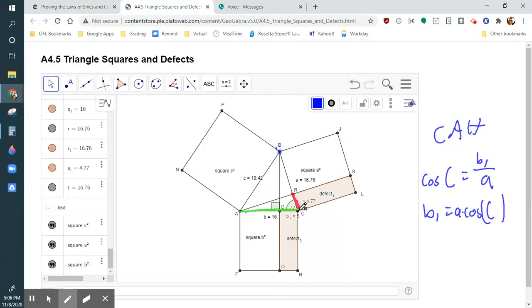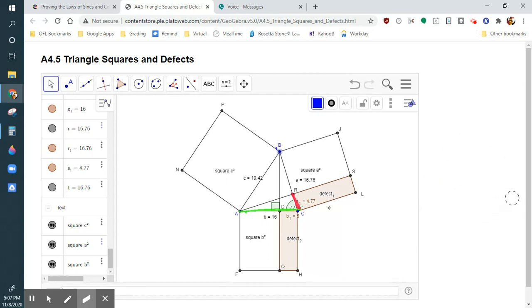So I'm assuming they want us to use this. Give me a second here while I erase all of this. Oh, I meant to leave the cosine there, but okay. We're still going to use cosine of C because they want us to keep using this C here.